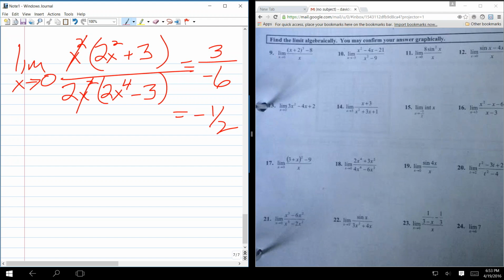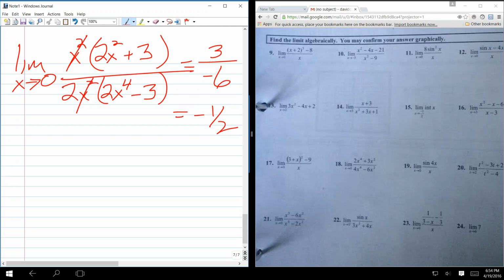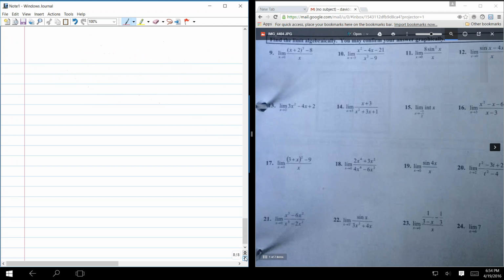17. We could do that the way we did the one earlier that was cubed. But there's a rather clever way to do this. It's a little different. Notice the numerator is the difference of perfect squares.